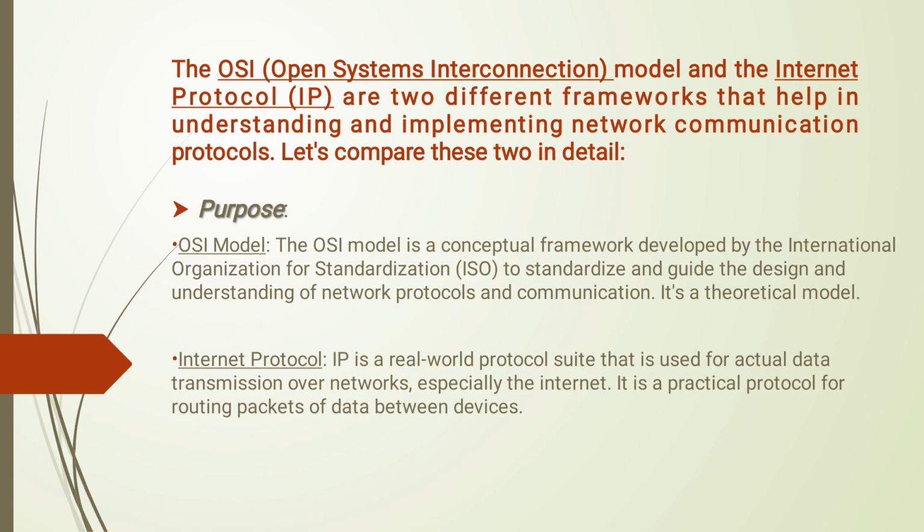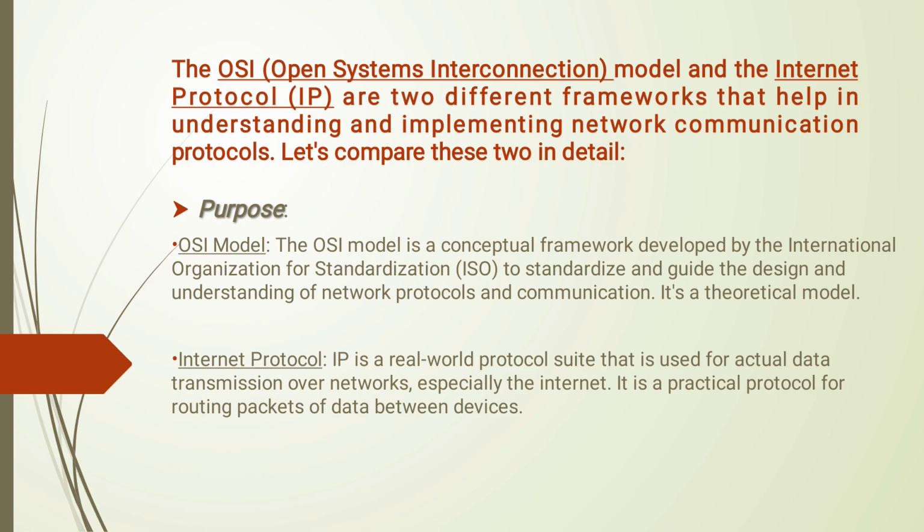First, let's compare the purpose of the OSI model versus the Internet Protocol. The OSI model is a conceptual framework developed by the International Organization for Standardization, which is ISO, to standardize and guide the design and understanding of network protocols and communication.